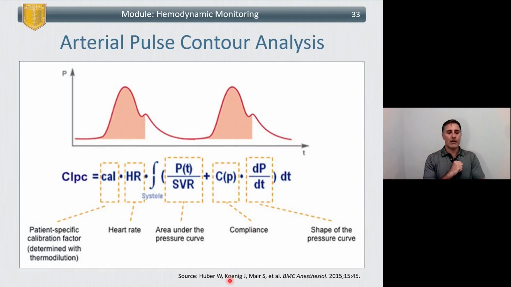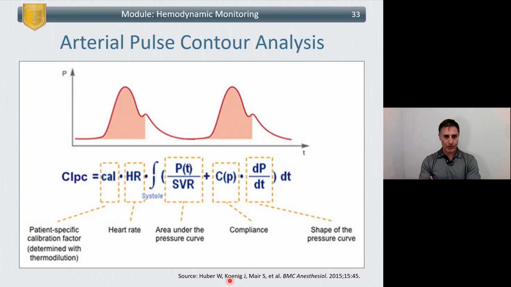The next type of monitoring I want to talk about is non-invasive cardiac output, and pulse contour analysis is one of the things that has really helped to revolutionize non-invasive cardiac output monitoring. For all these things, there are assumptions built in.